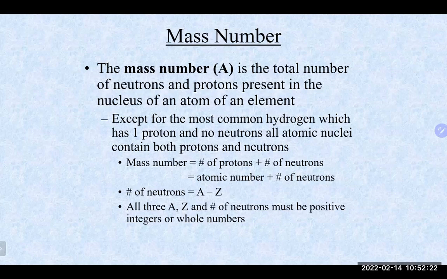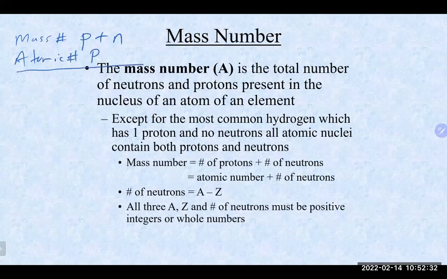And if we think about that, the mass number is protons plus neutrons, the atomic number is protons, which means if I subtract those two, that would allow me to figure out the number of neutrons. So if you take the mass number and subtract the atomic number, it will tell you how many neutrons there are in a particular atom.